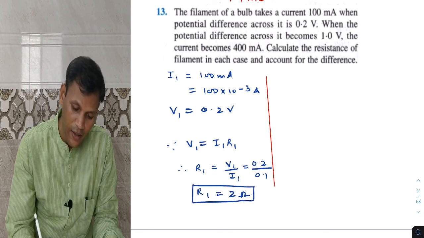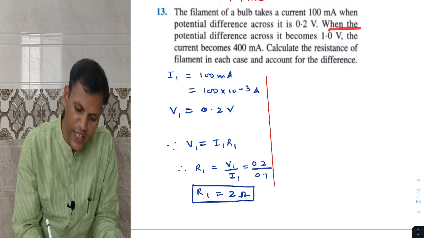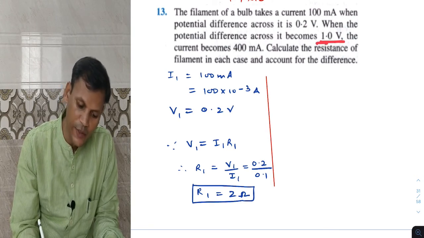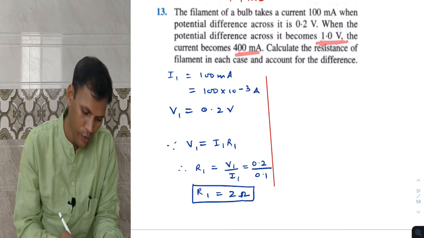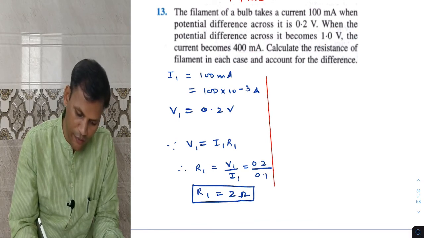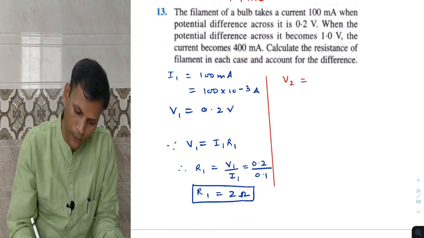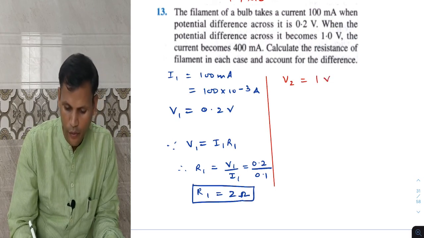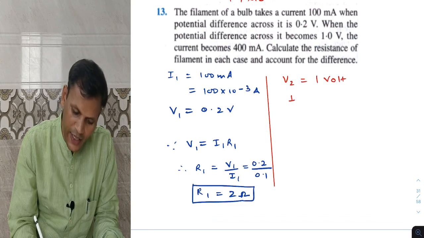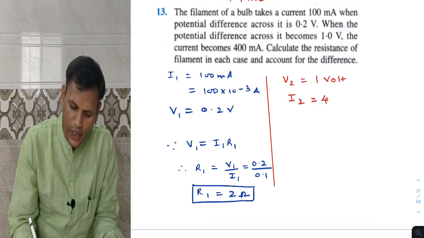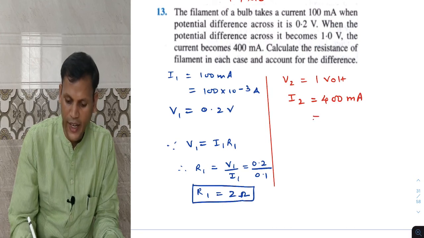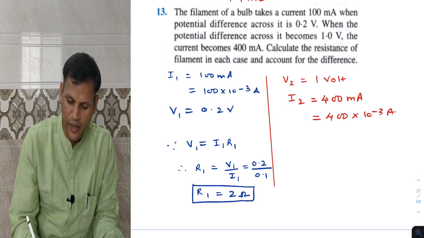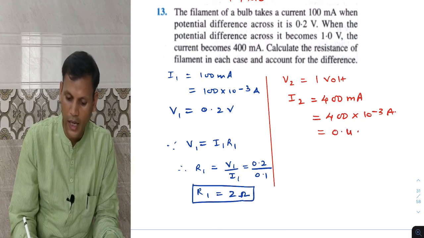In the second case, when the potential difference across it becomes 1 volt, V and I are again given. So given V2 is equal to 1 volt and current I2 is equal to 400 milliampere, which I can write as 400 into 10 raised to minus 3 ampere, or 0.4 ampere.